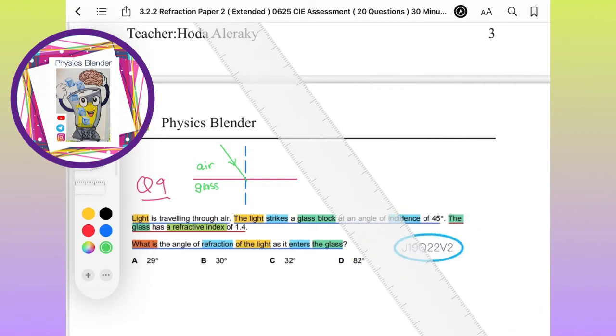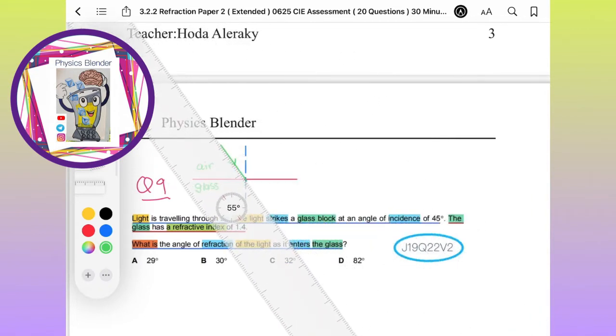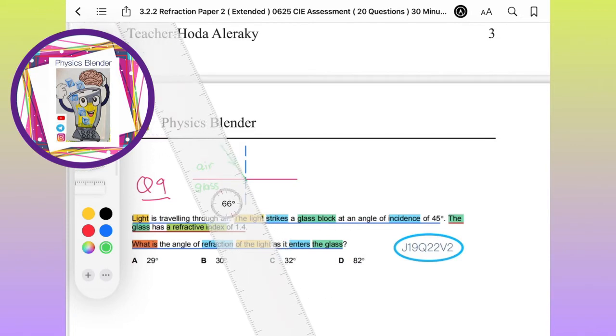What happens to the light ray? It will not continue in a straight line. It will be deviated, or refracted, or bends towards the normal. Towards the normal.